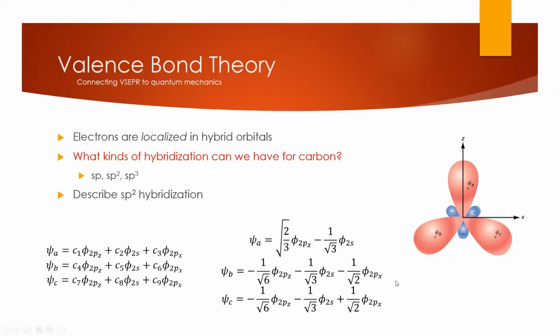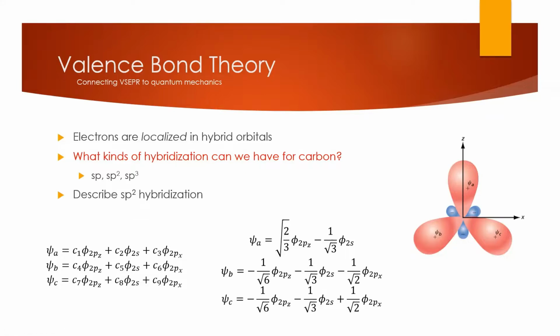In all three of these hybrid orbitals, we have 100% of the pz orbital accounted for. 2/3 of it is in this orbital, and then the other 1/3 is split up evenly between these two orbitals, and so forth. So none of our orbitals have gone anywhere. We simply rearranged where the orbitals are.